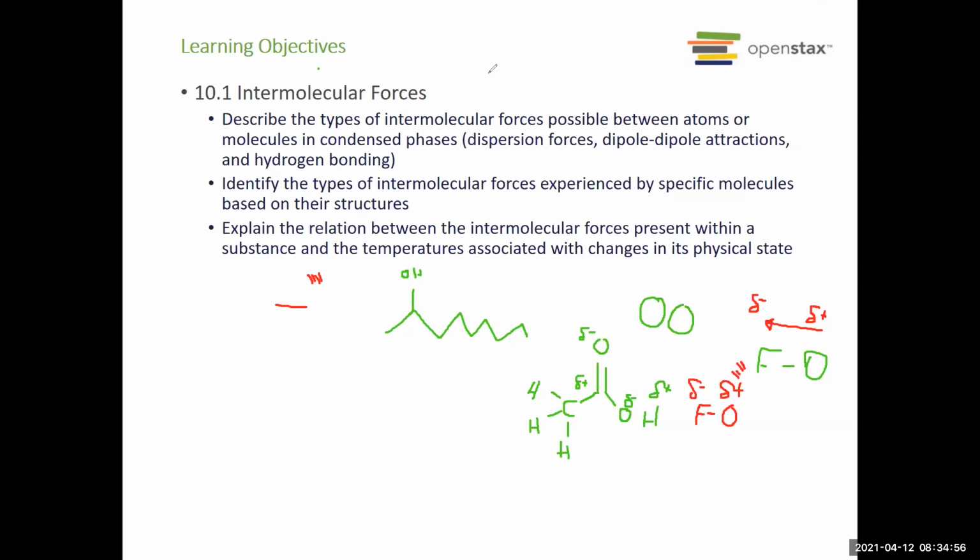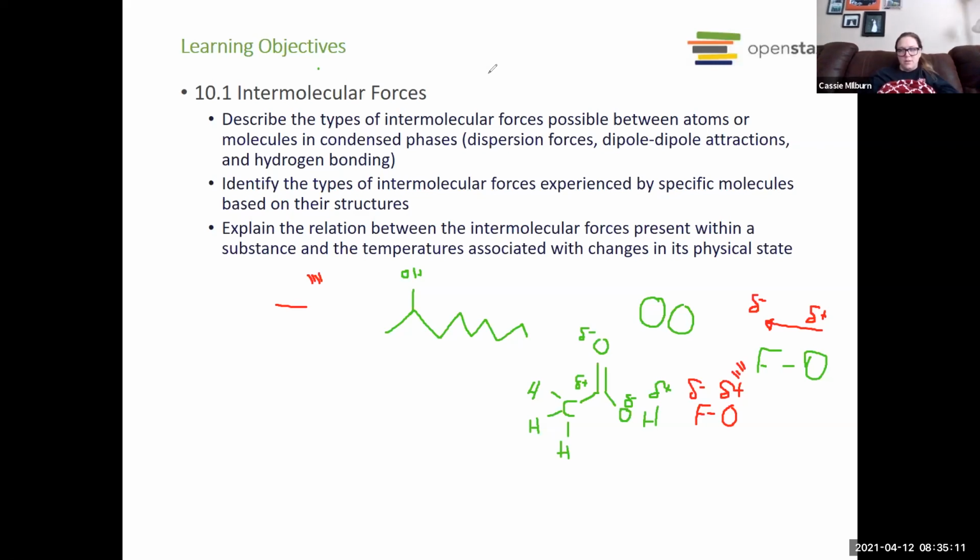Can there be more than one intermolecular force present? What do you think? We shall ask the class. Can there be? Yes, right? The correct answer is yes, because you could have a case where you have a long carbon chain and a polar head, right? So kind of like your phospholipid.